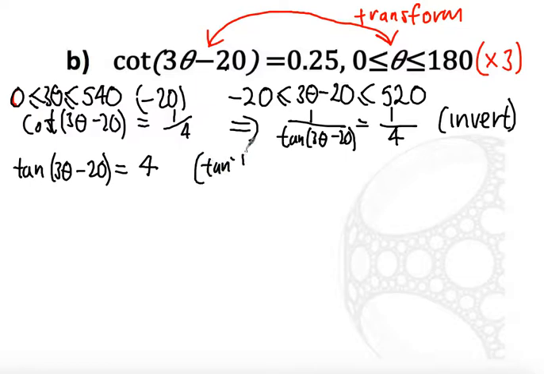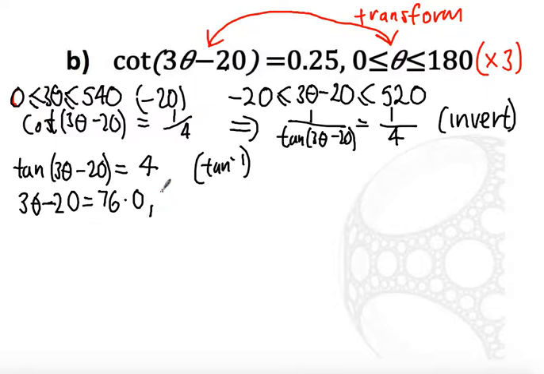I'm going to take the inverse tan function so that I get 3 theta minus 20 is equal to, taking inverse tan of 4, I get an answer of 76.0 degrees. At this point, it is possible to use a CAST diagram to find a tan function, but it's far easier just to remember that for tan, any additional solutions, you just need to add or subtract 180 because the graph repeats every 180 degrees.